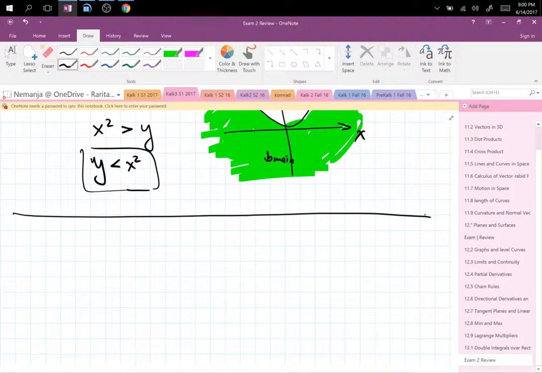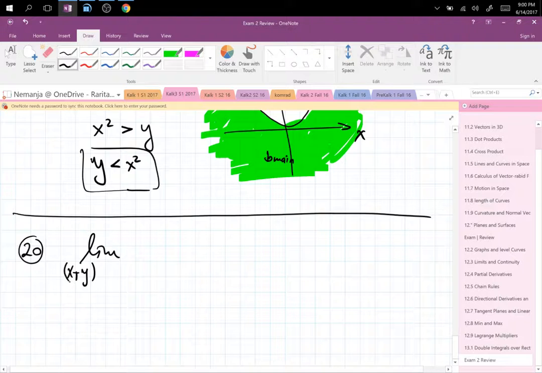33 and something else. So the first problem is asking us to find the limit as x, y goes to 1 and negative 2 for y squared plus 2xy divided by y plus 2x.